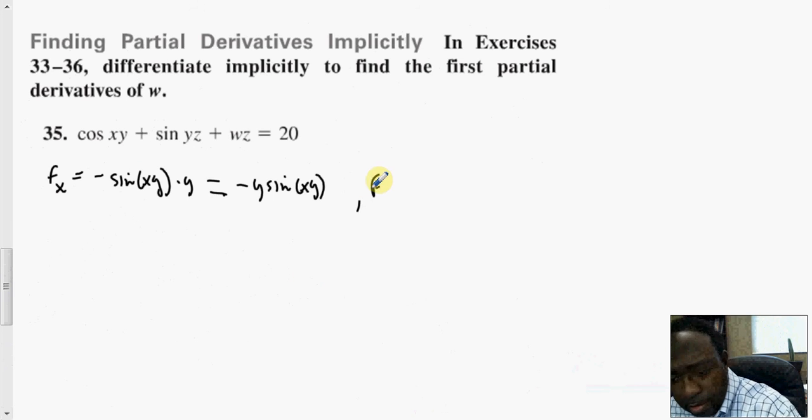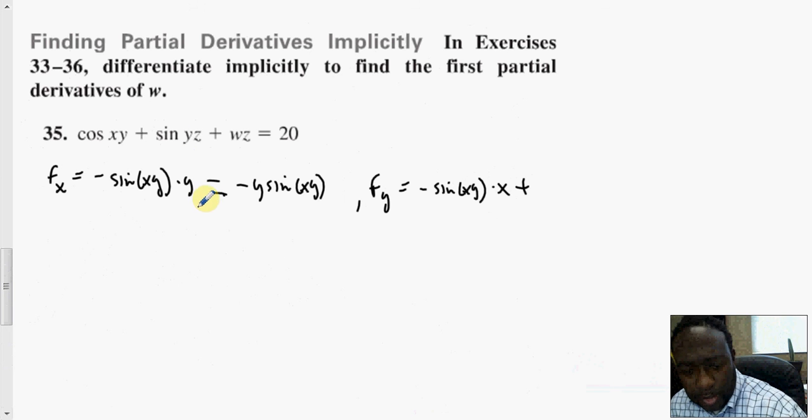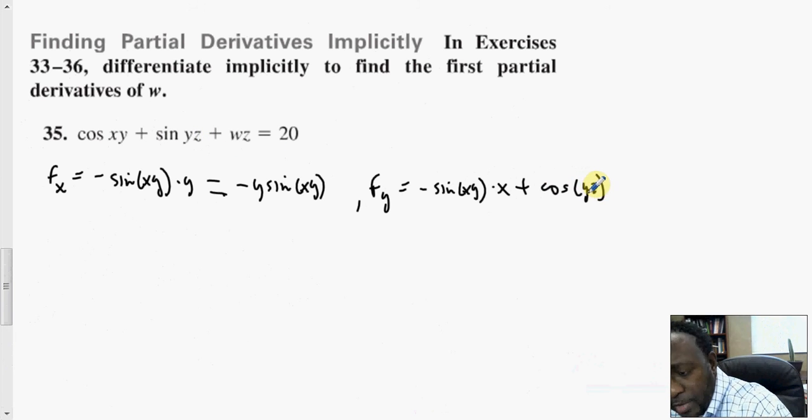What about the partial of f with respect to y? This is negative sine of xy times the derivative of xy with respect to y. It's just times x. Keep on moving. Take the derivative with respect to y. So this is cosine yz times the derivative of yz with respect to y.